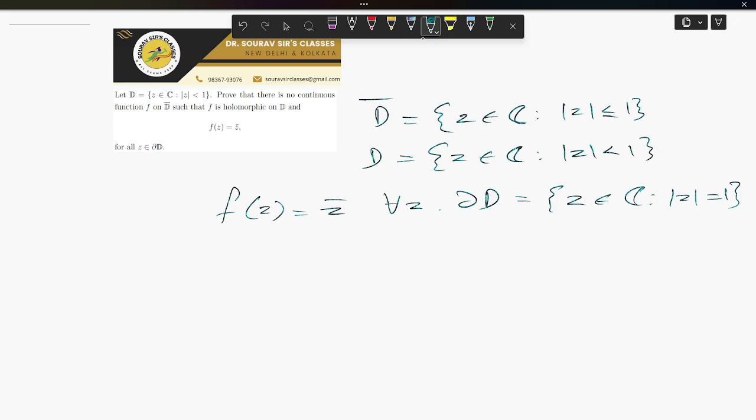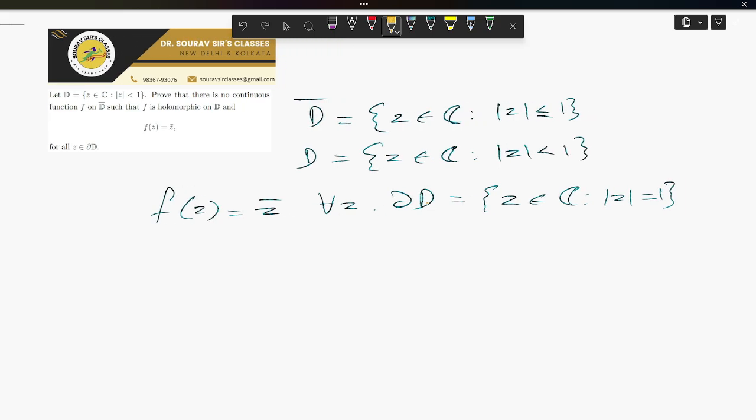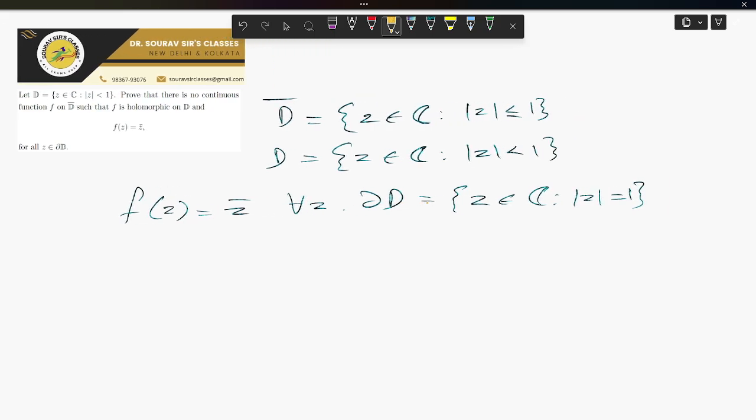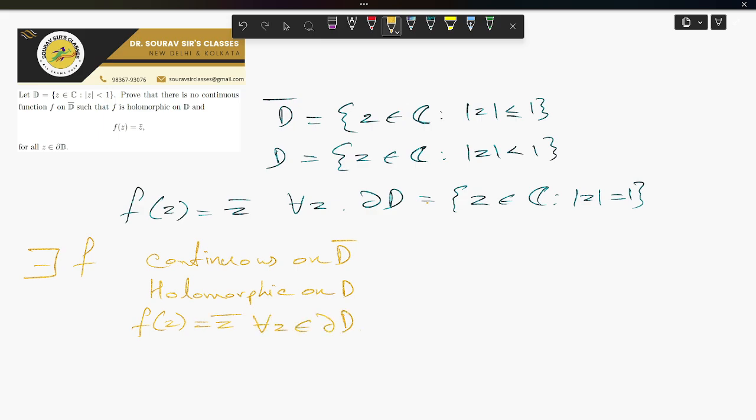So suppose there exists a function f that is continuous on D bar, holomorphic on D, and satisfies f of z equals z bar for all z belonging to del D. Now we are going to analyze the boundary condition.